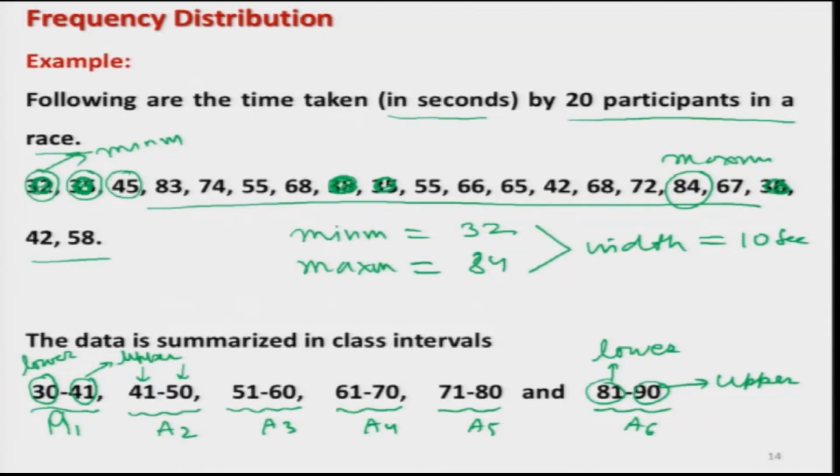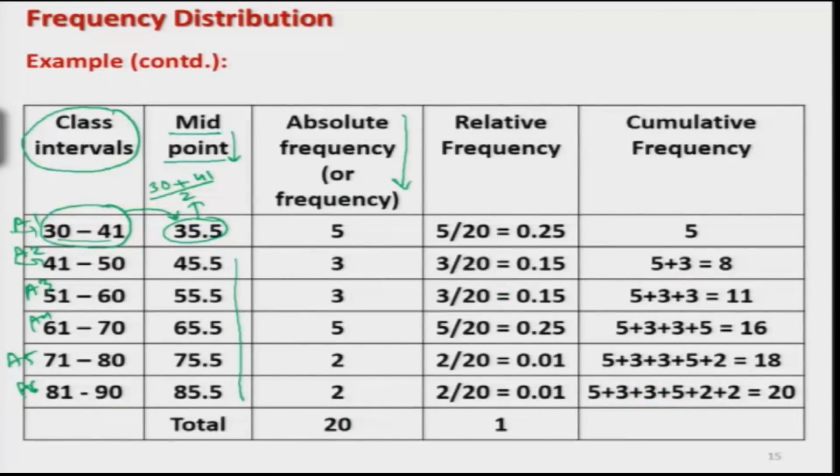And similarly, if you try to find out here how many values are lying between 41 and 50, I can say here this is the value 45, 1 and then if you move further 42 second and then 42 once again here 3. So, there are only 3 values which are lying between 41 and 50.